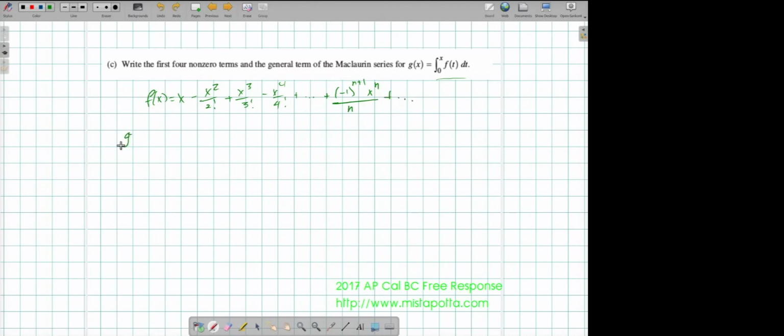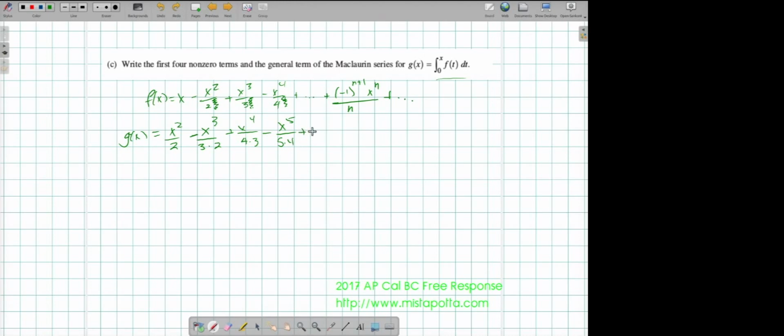So if I want to find g of x, I'm going to have to integrate each of these terms piecewise. So integrating this term gives me x squared over 2. This is going to give us x cubed over 3 times 2. Horrible, it was just 2, just 3, just 4. Plus x to the fourth over 4 times 3 minus x to the fifth over 5 times 4.